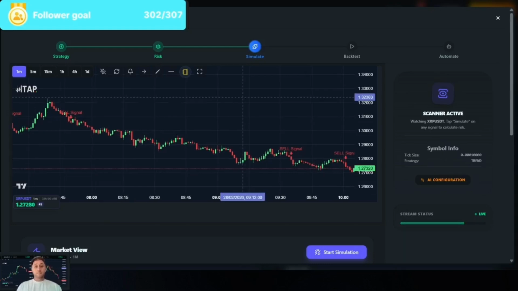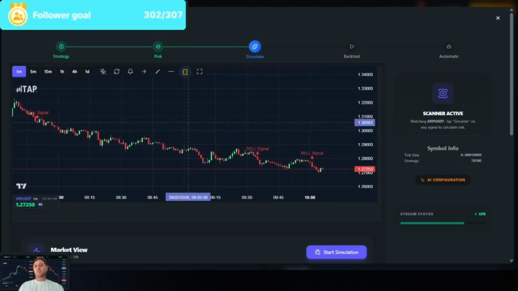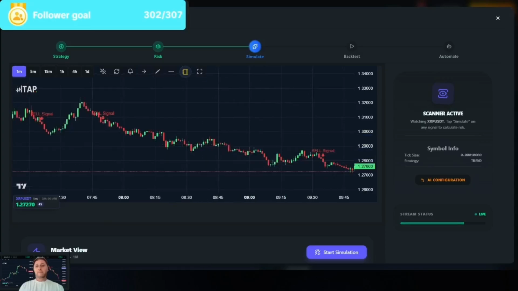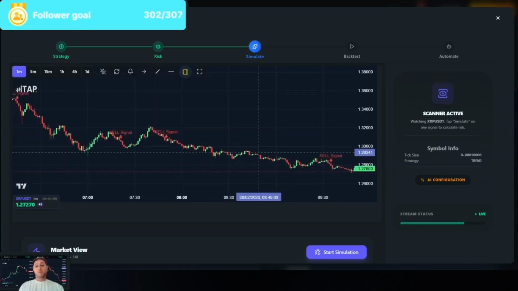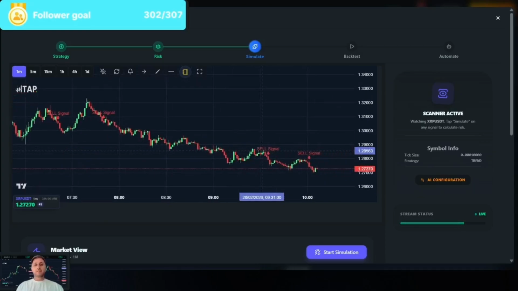You can see these signals, but we don't have to do anything with XRP. The signals are already aligned with the strategy. Can you see that? Yeah, all of them. This has probably 100% precision so far.